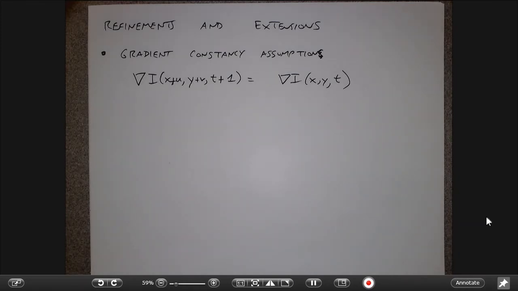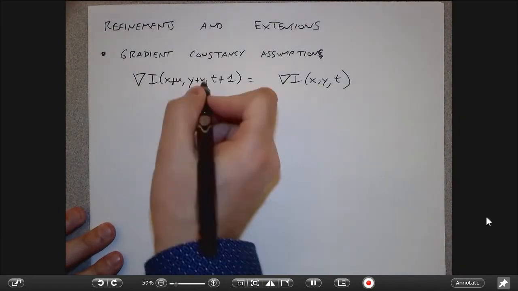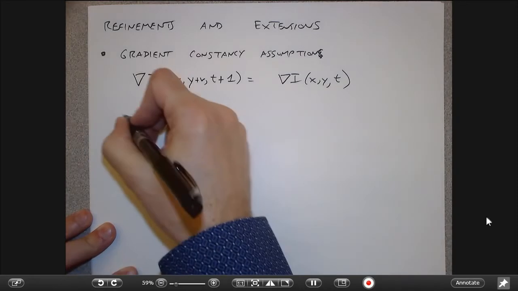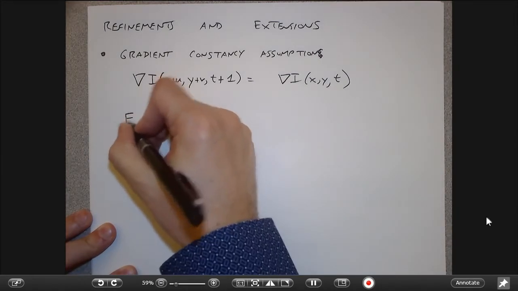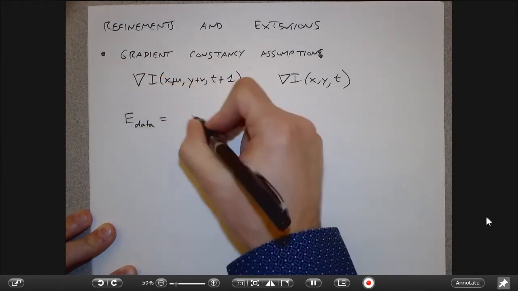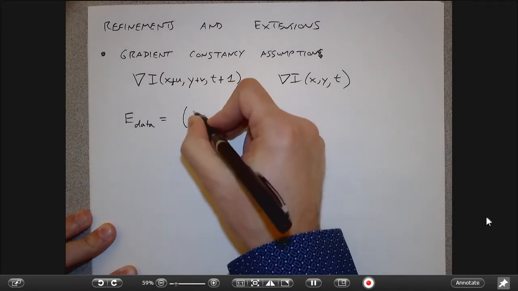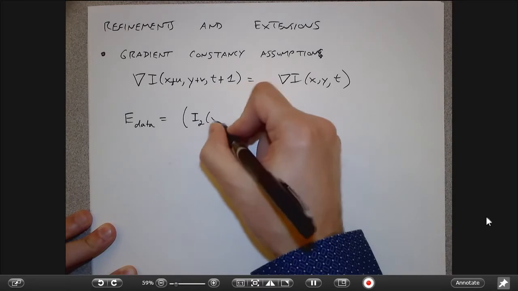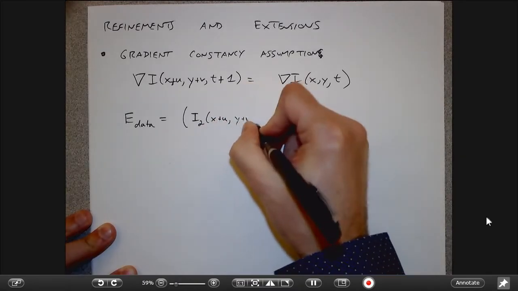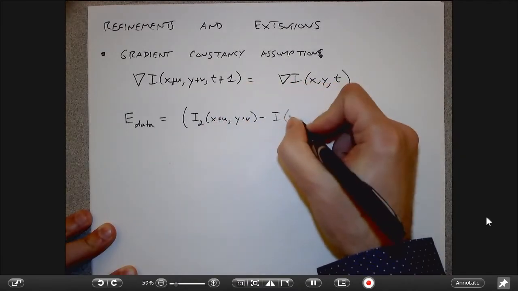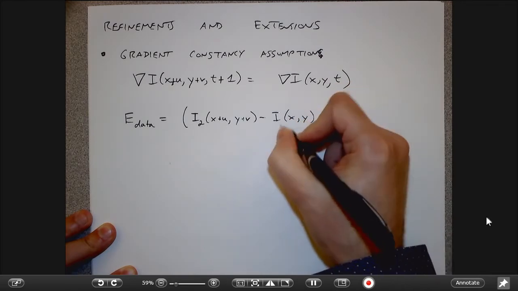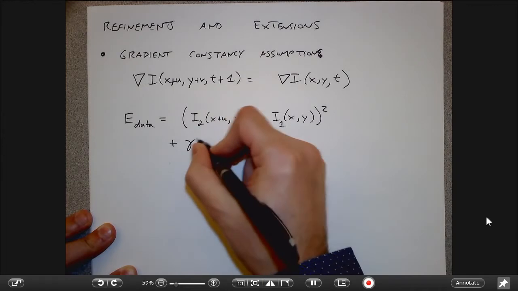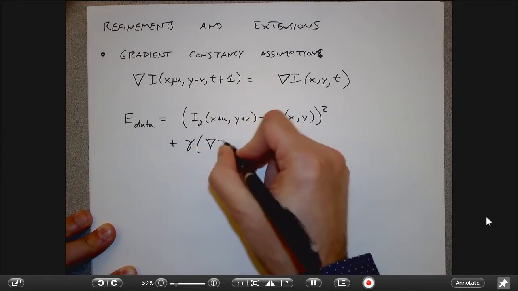So you can basically either replace the data term with this entirely, or you could say, okay, my data term looks like some difference between the two. I could say I've got something that differs in terms of brightness, and then I have something that differs in terms of gradient.